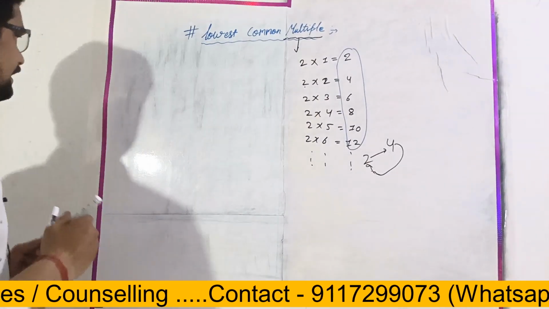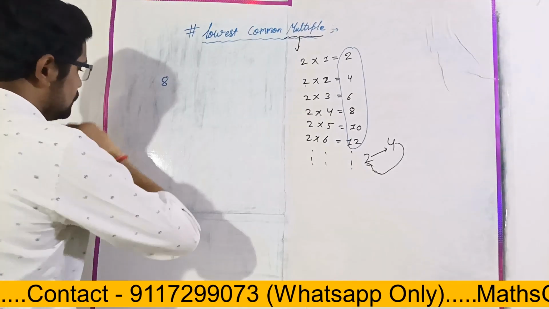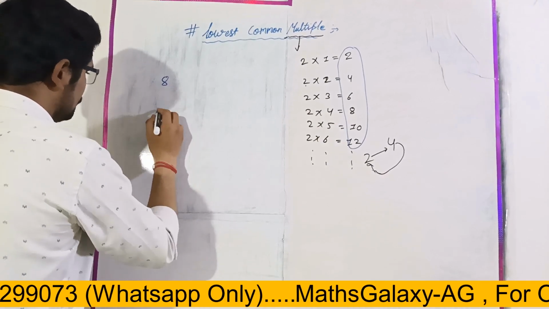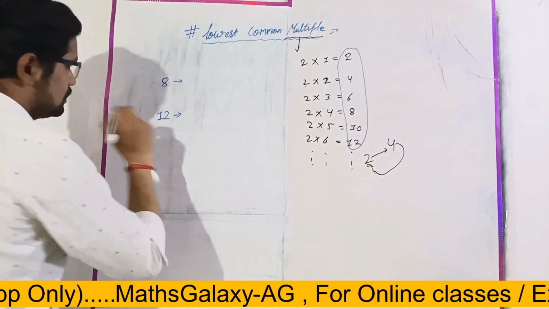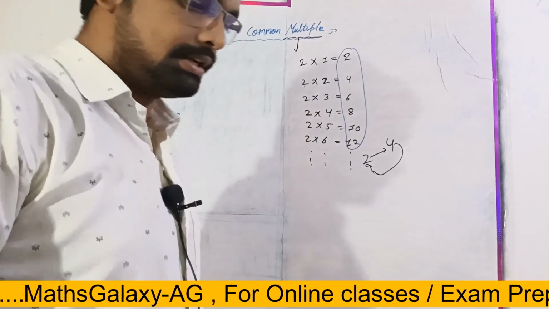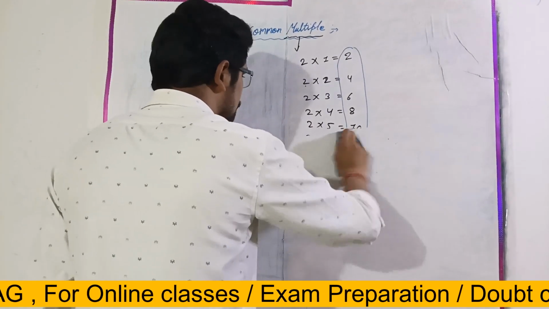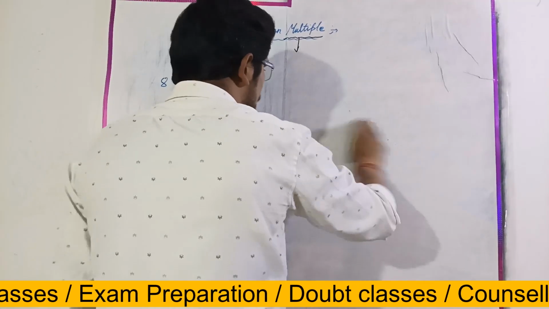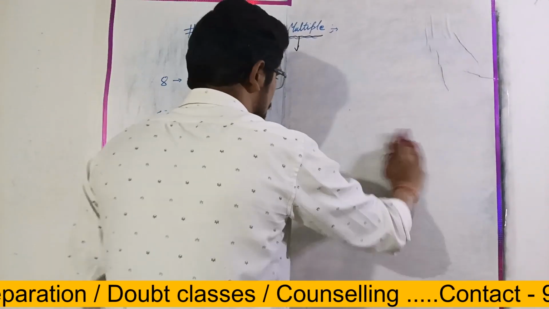So let's take an example. 8 and 12. As there are two numbers, first we have to write the multiples of 8 and 12.